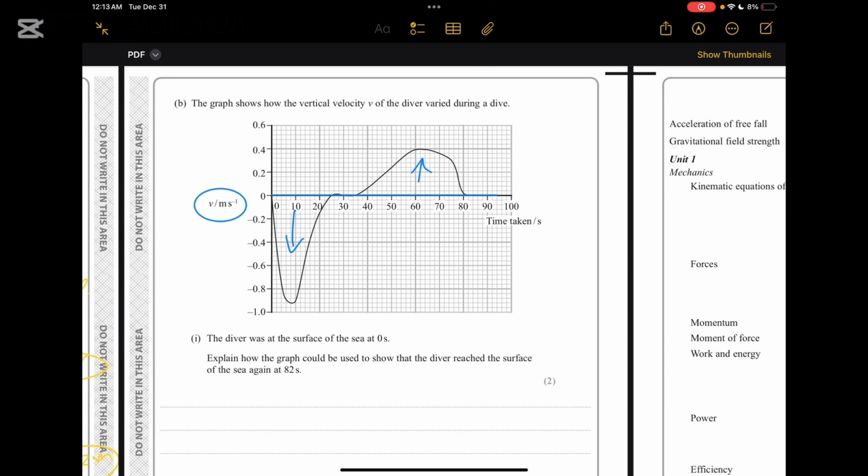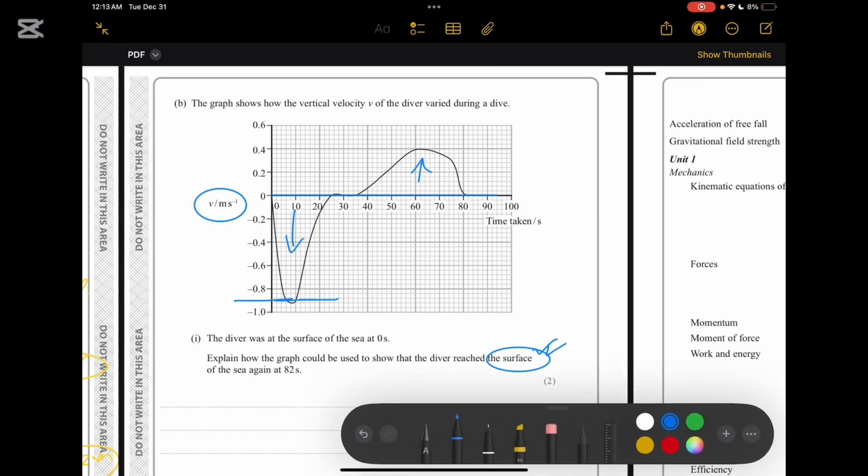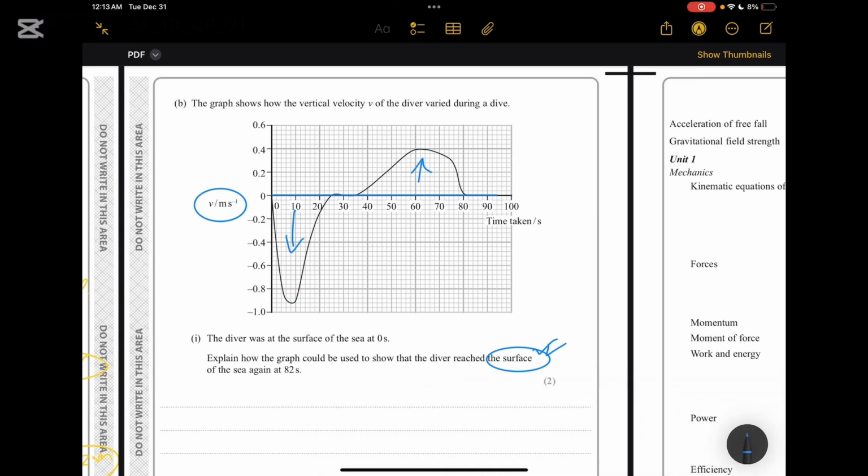Whether it reached the surface of the sea or not. Let's say this is the bottom of the sea. Whether he reached the surface of the sea depends on the time they have given us at 22 seconds. We know speed is equal to distance divided by time, and distance is equal to speed into time.